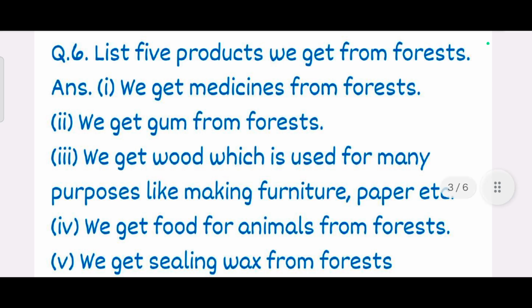Question number 6. List 5 products we get from forest. Answer. First, we get medicines from forest.